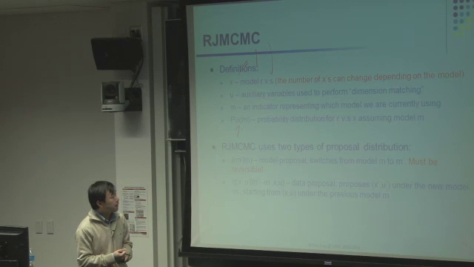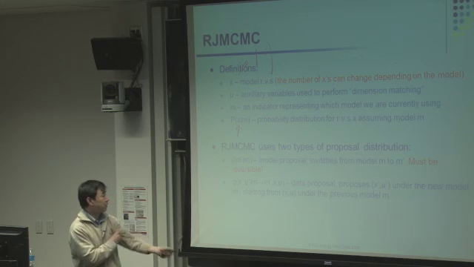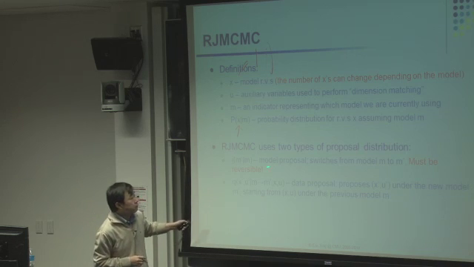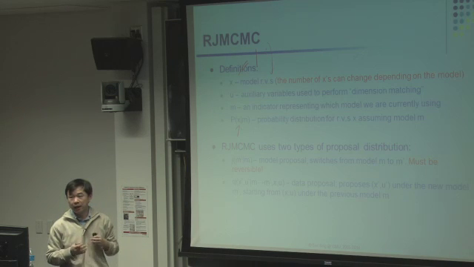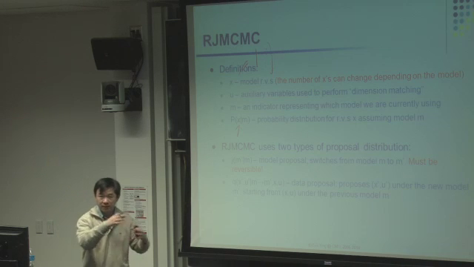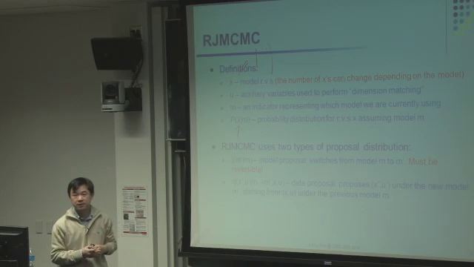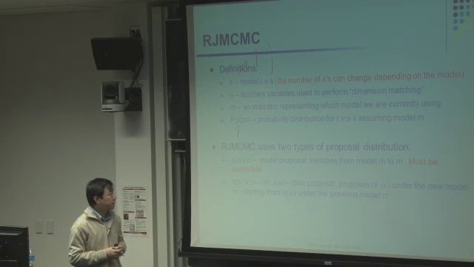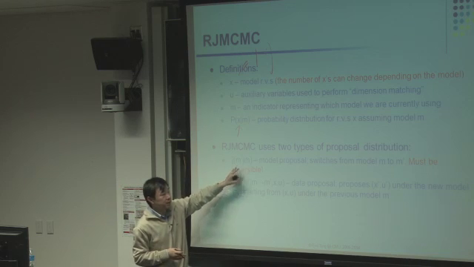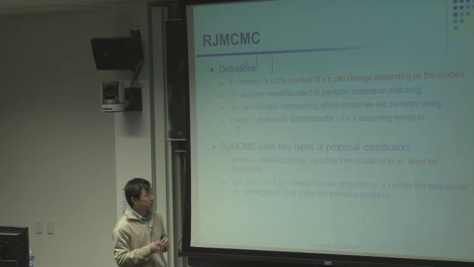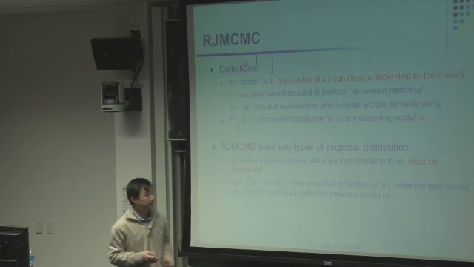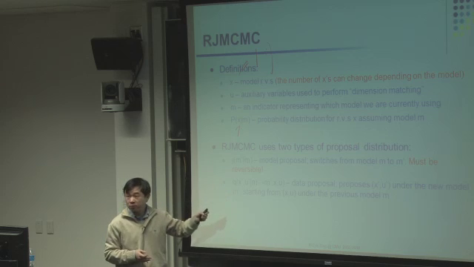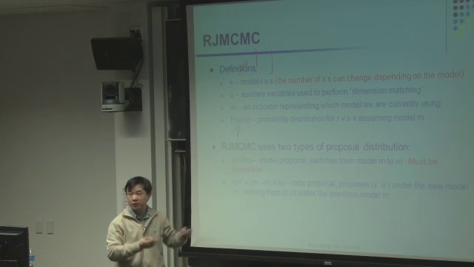Here is what is critical. We need to now introduce a few new proposal distributions over the auxiliary random variables, so that you can now have a new dimension to move across a bigger state space. The first one is this switching kernel between different model dimensions, from M to M prime, and it should be reversible, right? You need to be able to jump back and forth.